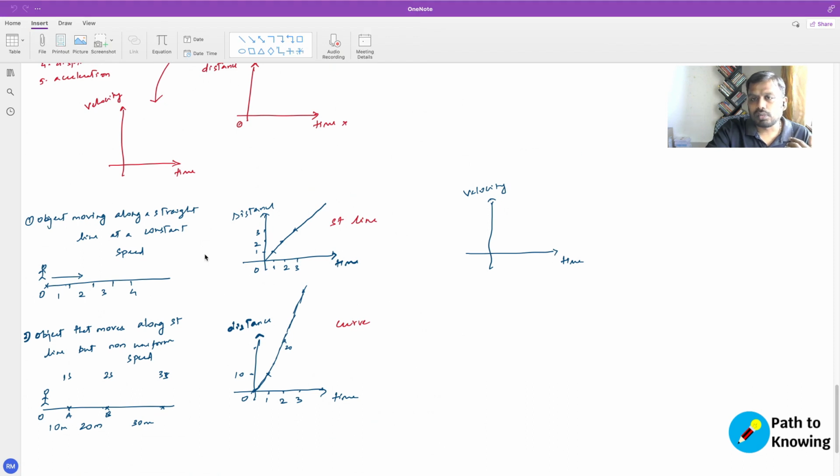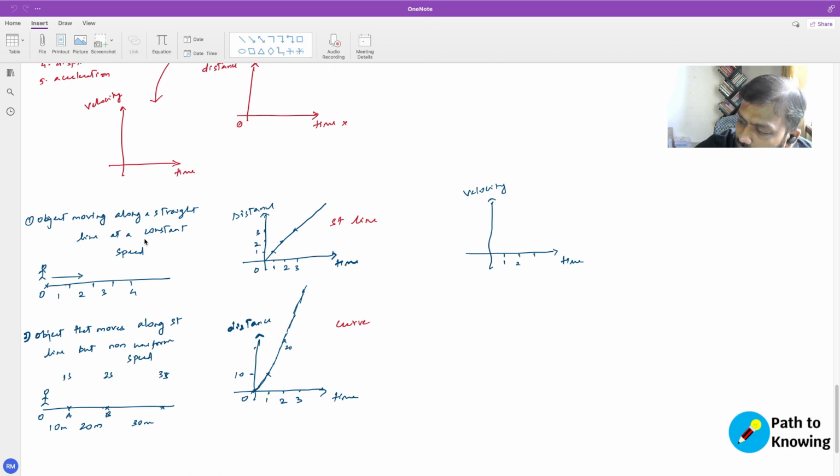So in this scenario, for velocity and time, we see a person who's moving away from the origin. So what you see here is when somebody is moving at a uniform speed, which means that at every time, be it at the first second or the second second or the third second or the fourth second, their speed is going to be uniform.